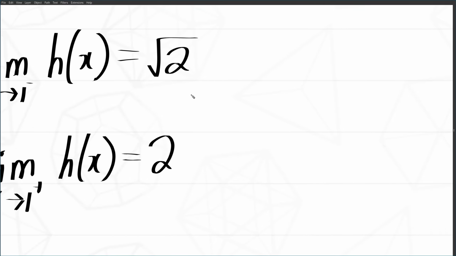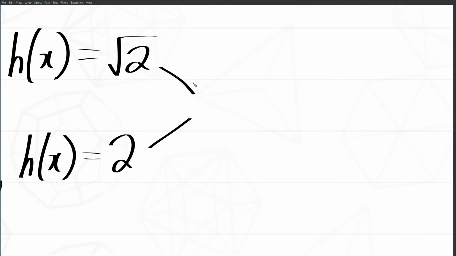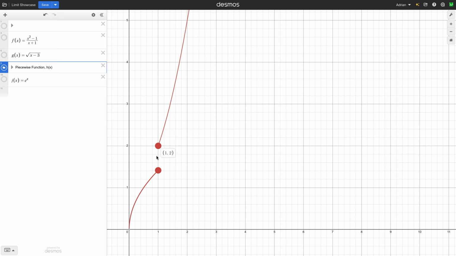And since these limits don't match, we end up with the conclusion that the general limit does not exist. So if they were to ask you, at x equals 1, does the limit exist?